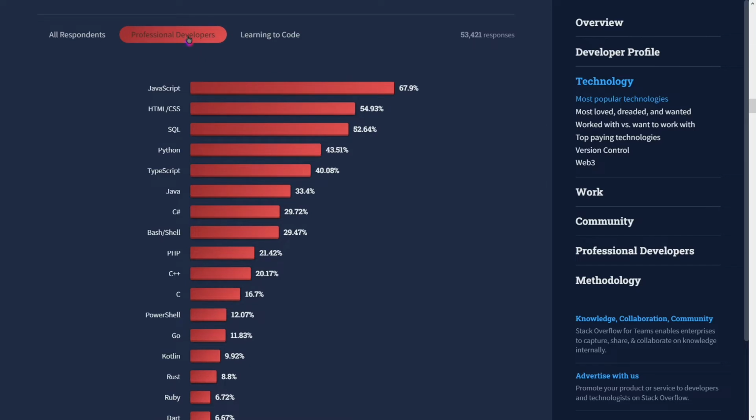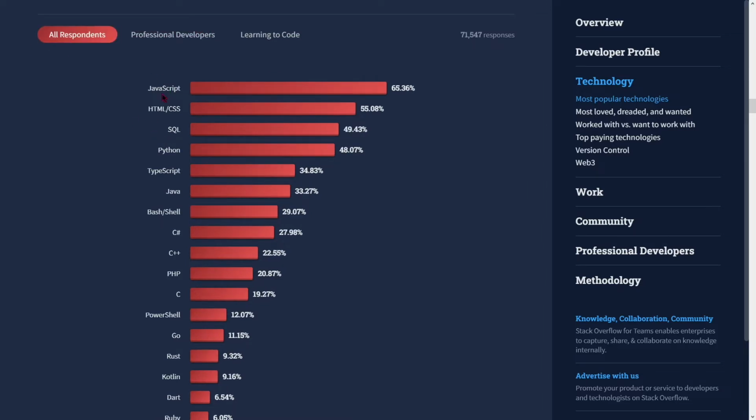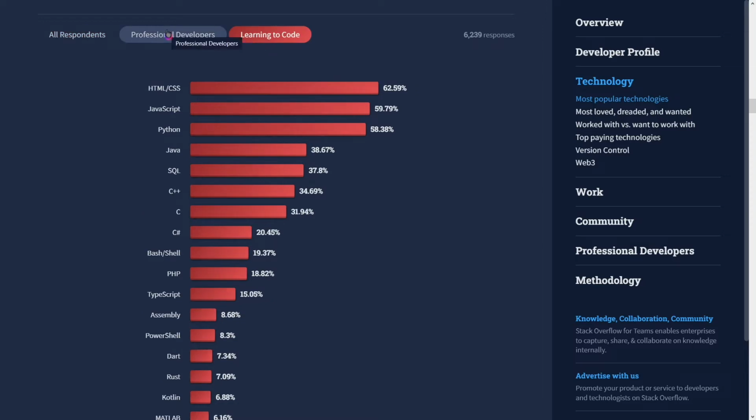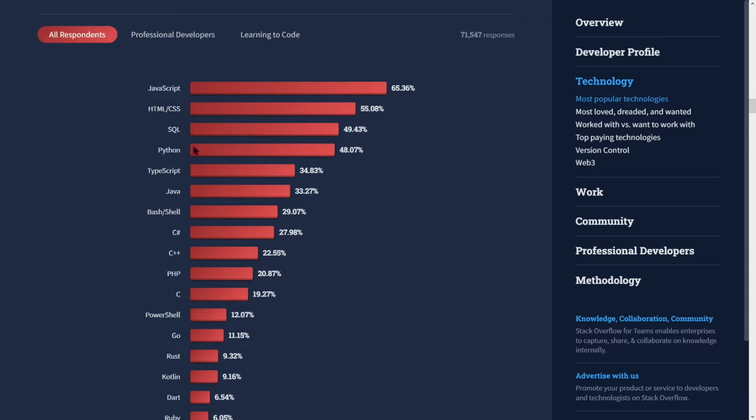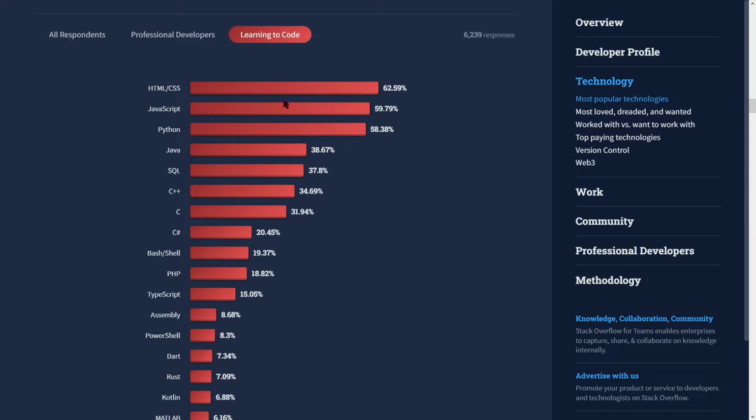First of all, we have JavaScript, HTML, CSS. This is the same in the three categories. But for example, Python is 58% in learning to code, and for example here is 43, and here is 48, and here is 58, so that's a big difference.